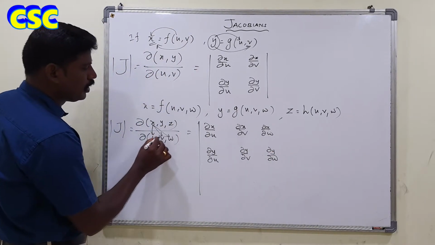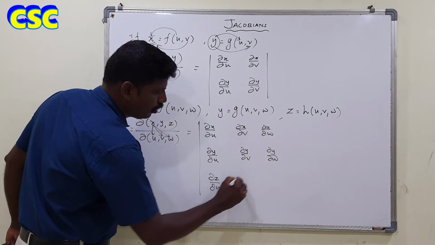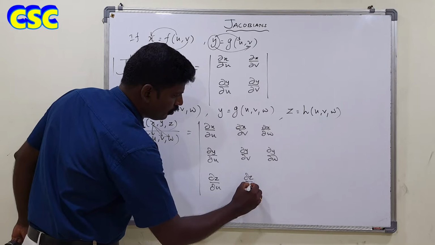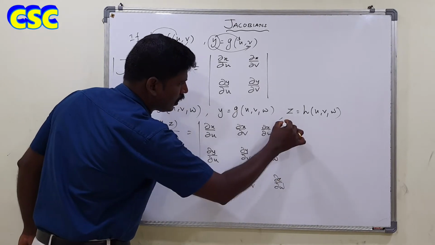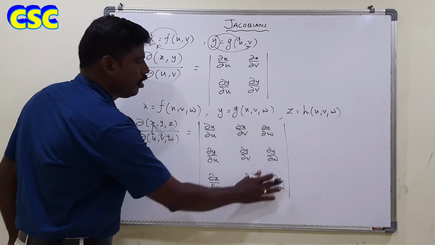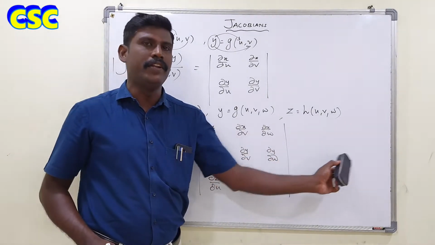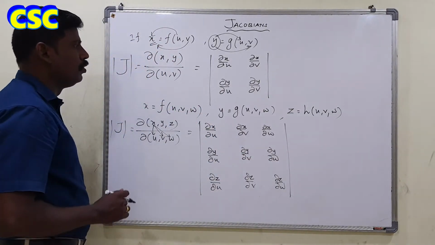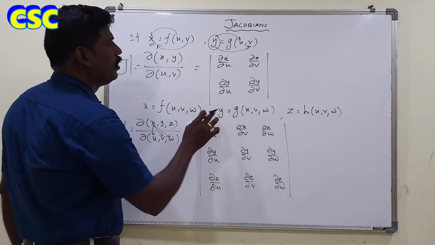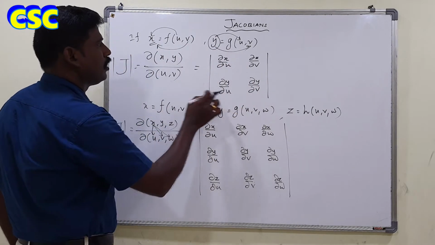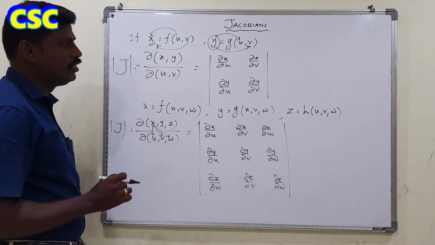And z with respect to the three variables: dou z by dou u, dou z by dou v, dou z by dou w. After finding all 9 partial derivatives and substituting in this determinant, simplify it and you get the Jacobian value. Similarly, for two variables, after finding the 4 partial derivatives of x and y and substituting, simplify the determinant to get the Jacobian.